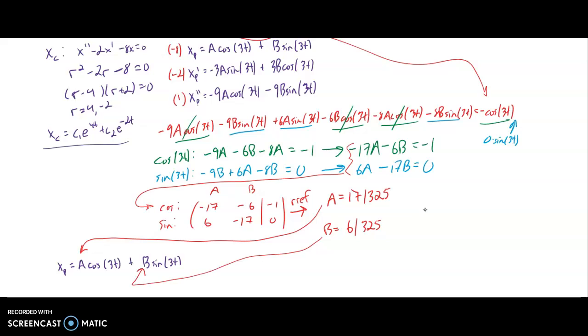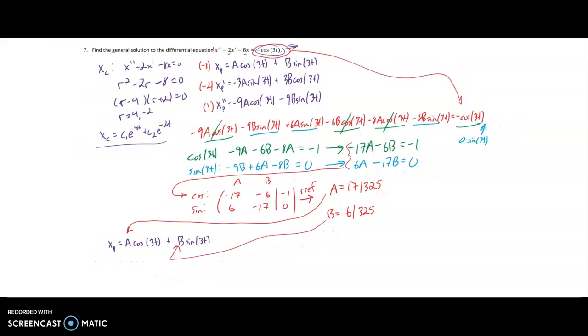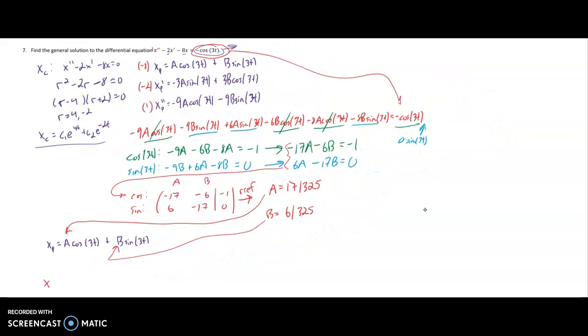And then from there, I just need to take my full solution because it said to find the general solution. X of t is xc plus xp, which in this case is, I'm going to take this xc. So it's c1 e to the 4t plus c2 e to the -2t plus, all right, the A value is 17 over 325, and then I need to multiply that by cosine of 3t.